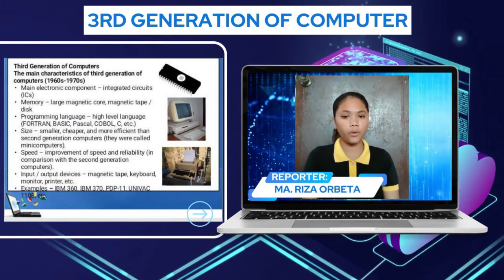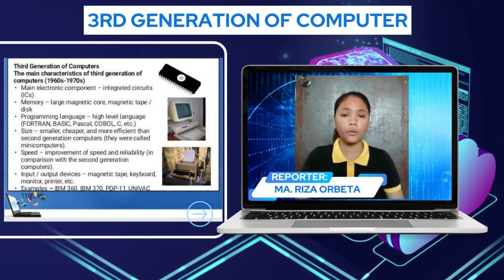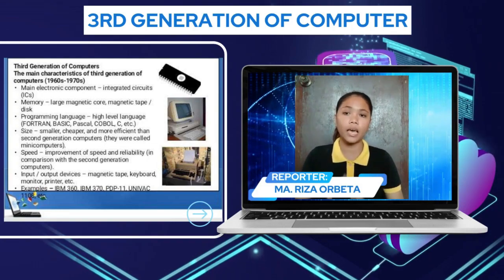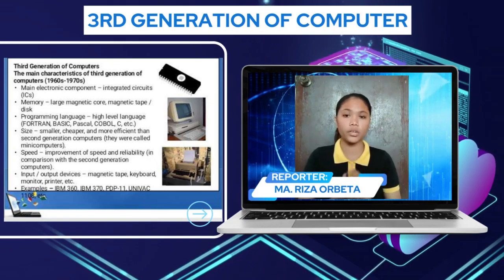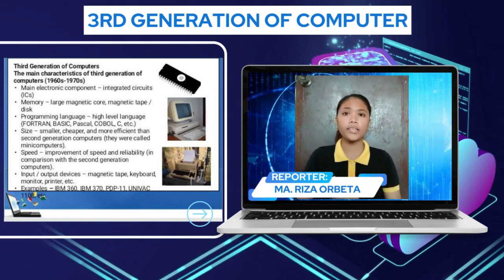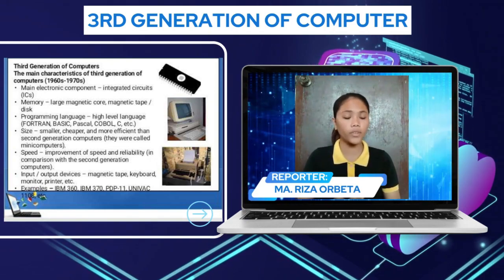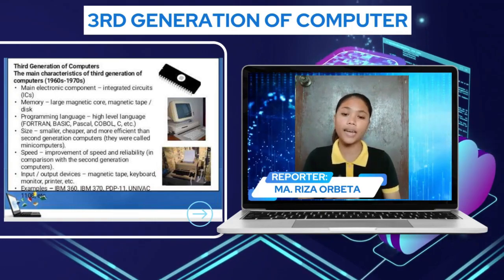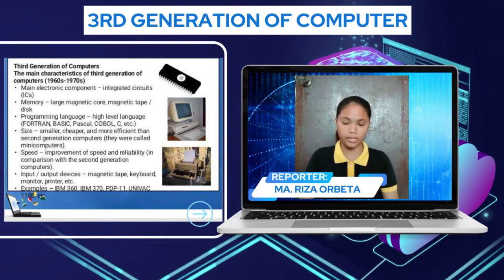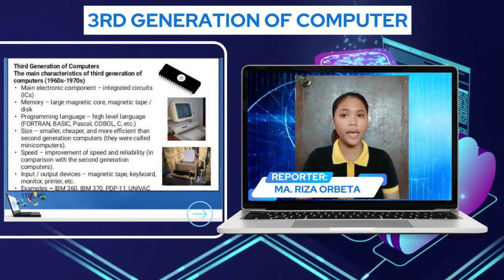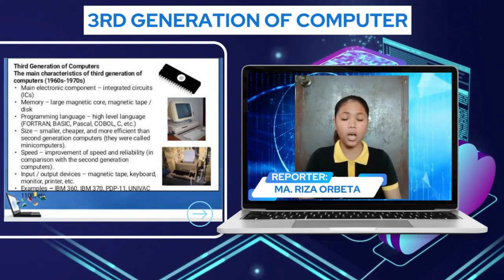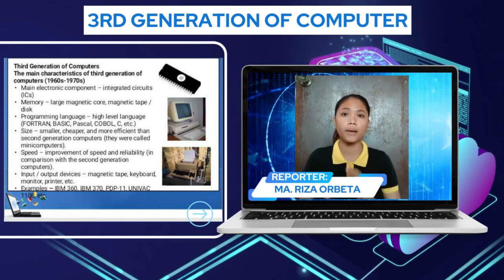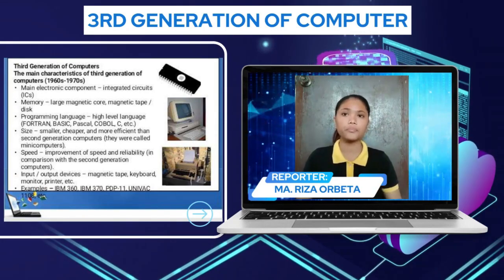The third generation of computers. The third generation of computers used magnetic storage devices. There were many computers launched during this generation. So, there are seven main characteristics of the third generation of computers, in the 1960s to 1970s. First is the main electronic component, integrated circuits or ICs, the advancement of integrated circuits.